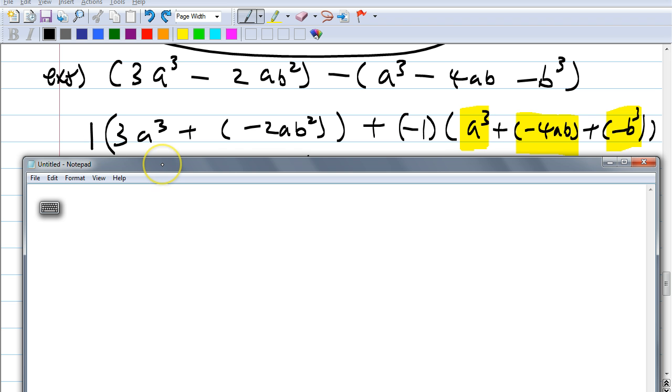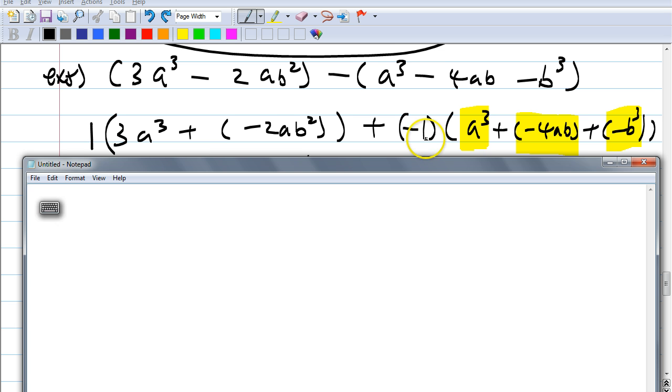So who could tell me what my third step then is going to be? How about William Lee? Tell me what I get on the left side, William. The first 3a cubed plus -2ab squared, and without the parentheses, right?